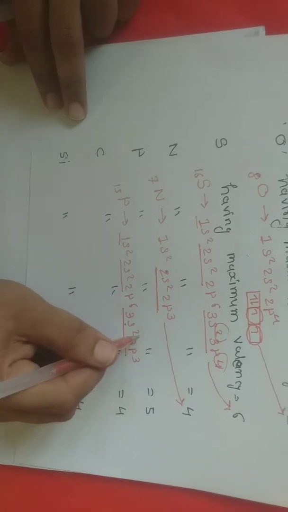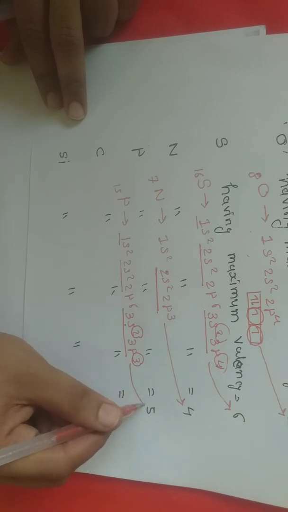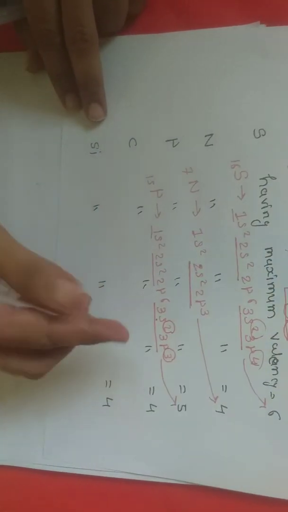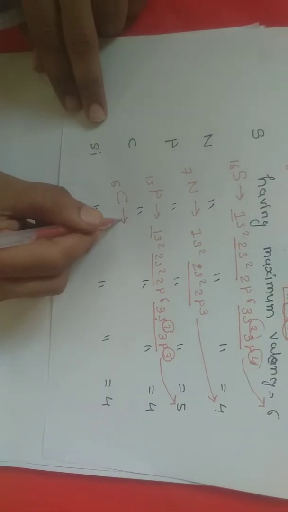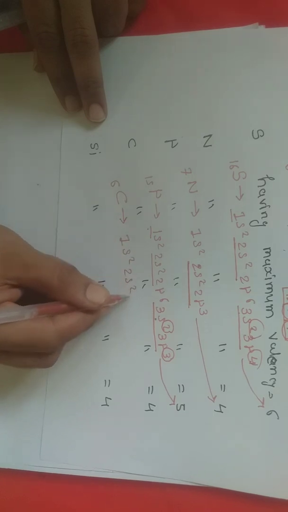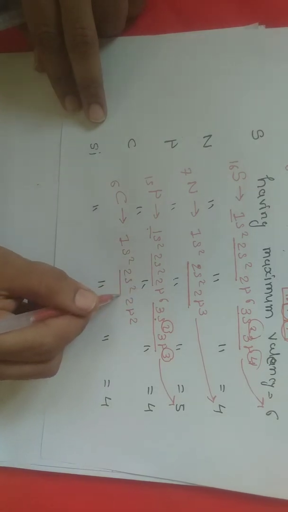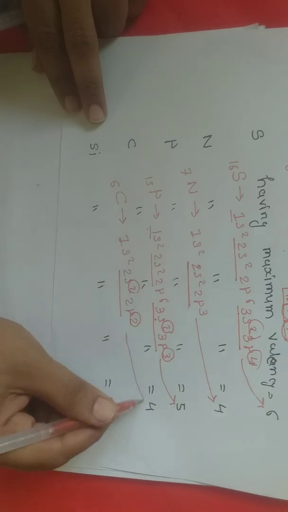In the outermost energy level, a total of 2 plus 3, 5 electrons are there. So its valency is 5. If you talk about carbon, why does carbon have 4 valency? The atomic number of carbon is 6 and its electronic configuration is 1s2, 2s2, 2p2. Again the valence orbit is the second energy level. Total electrons are 4, so its valency is 4.